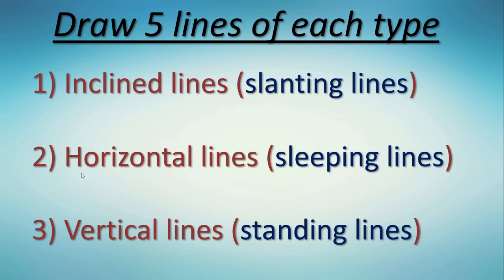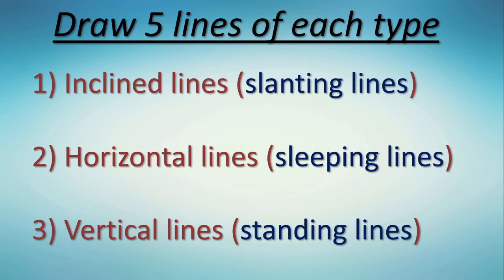Then after that you have to draw 5 horizontal lines and 5 vertical lines, and you have to write the name of these lines below that drawing. Got this, children? You must do this in your notebook. Are you going to promise me that you will do this?